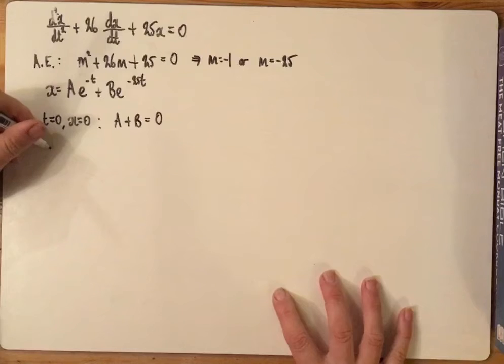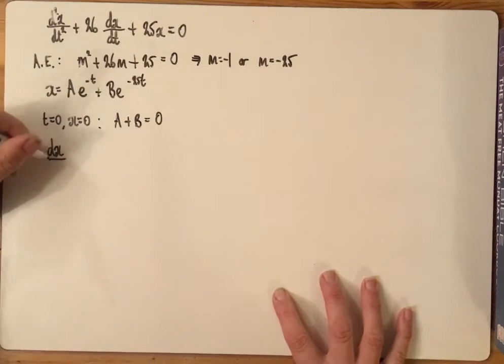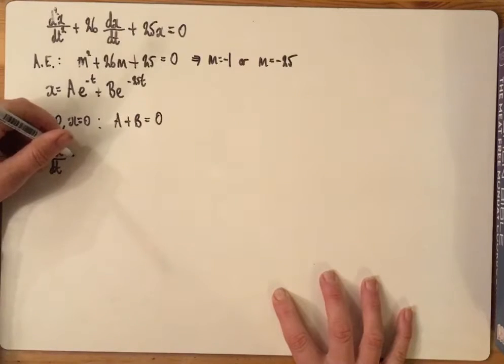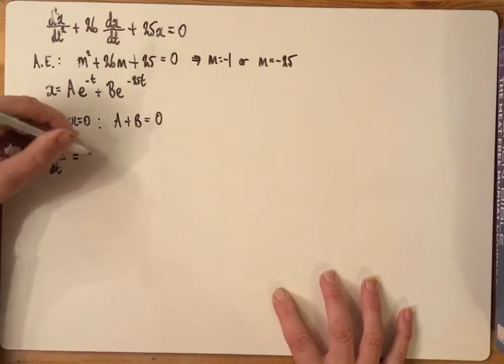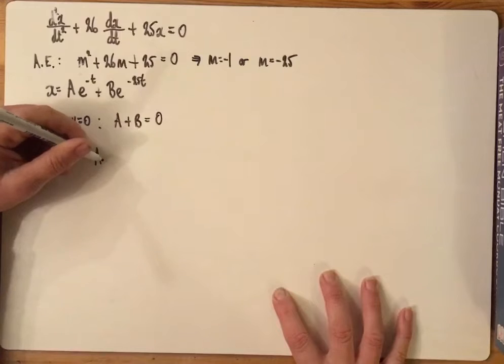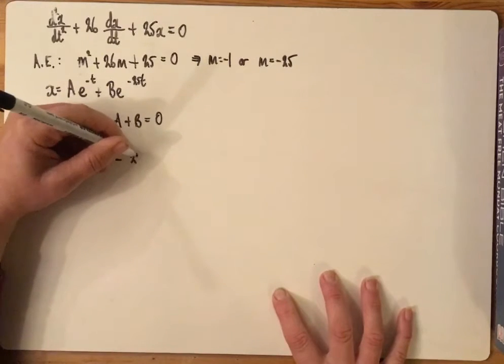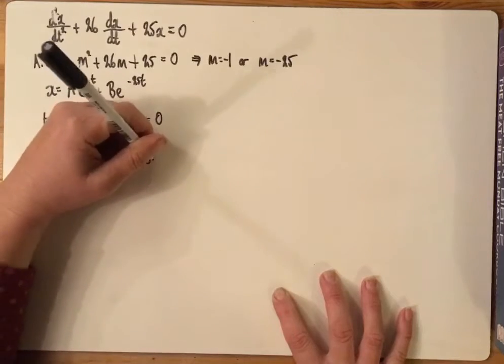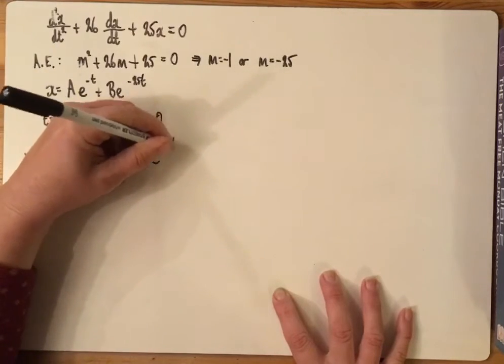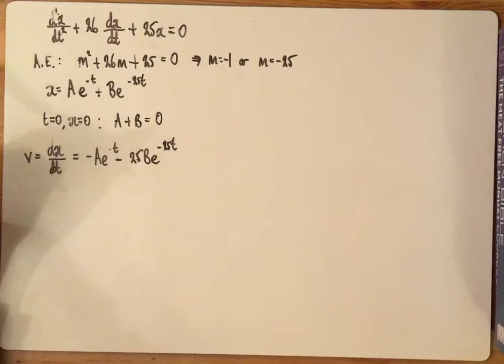So I can differentiate x to get the velocity. That is equal to minus a e to the minus t minus 25b e to the minus 25t.